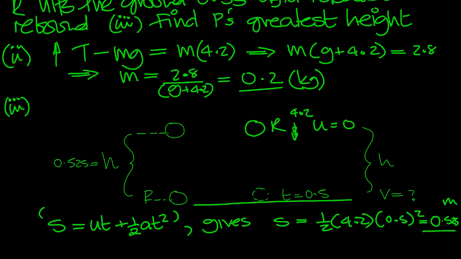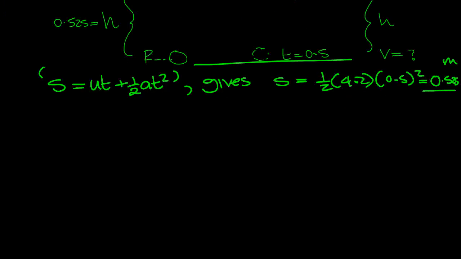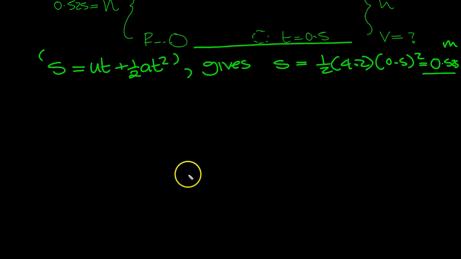Now once it's got to here, Q no longer affects the motion. So it's as though it's not there. So P will be here. It will go over the pulley here, which I'll try and draw a bit better than what I've just done. There's P. Here's the ground.